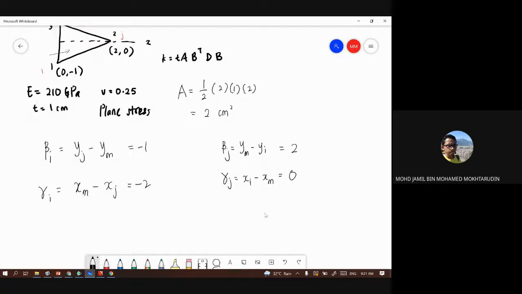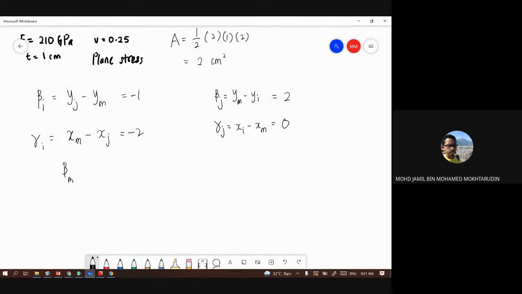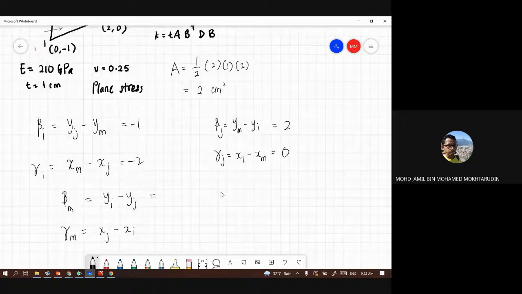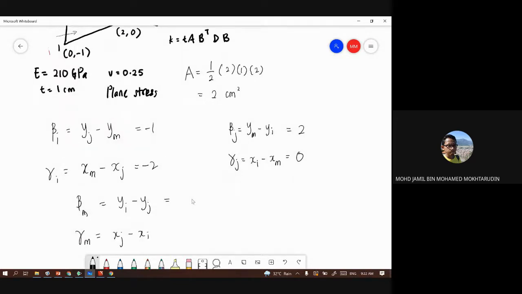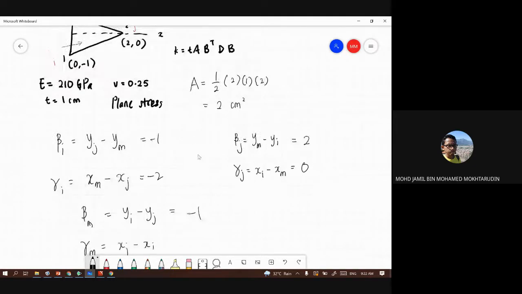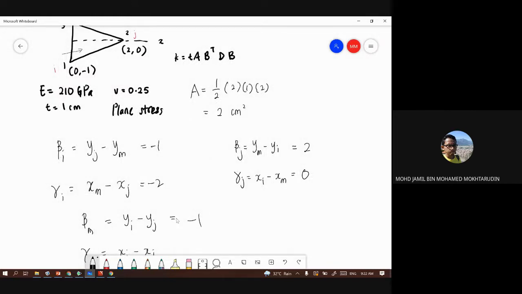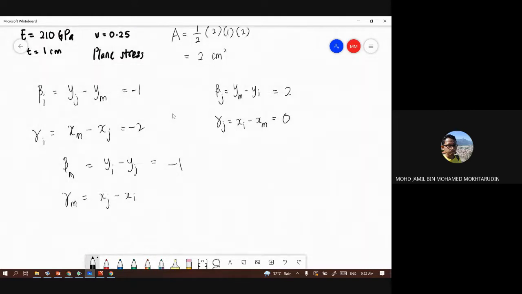And we repeat for beta m. Beta m equals yi minus yj, gamma m equals xj minus xi. So beta m, yi minus 1 minus yj 0, so you get minus 1. And then gamma m, xj 2 minus xi 0, so you get 2. So now you have beta and gamma.